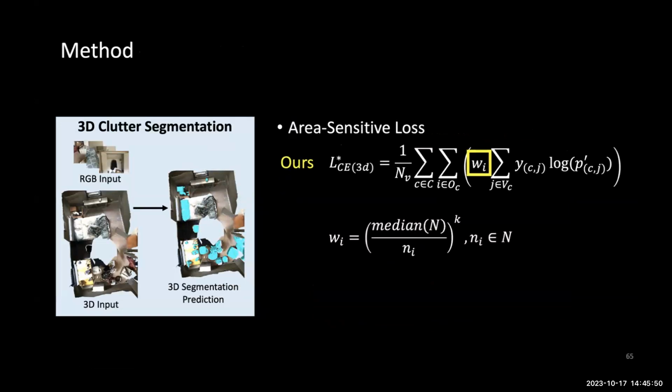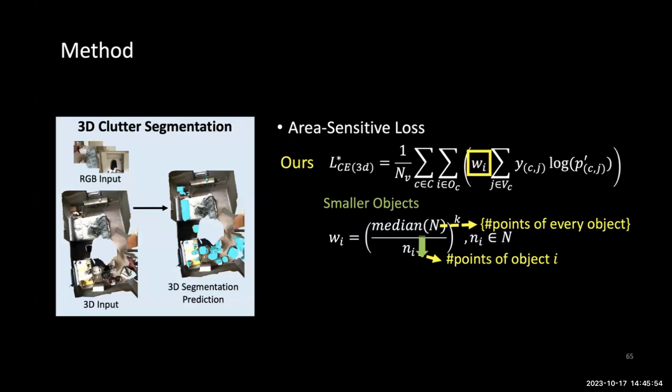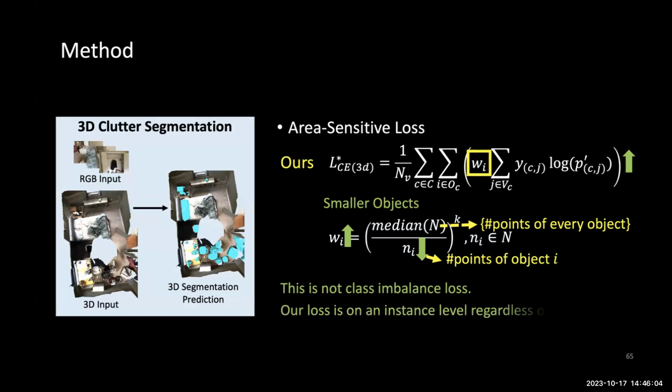Here, the denominator of the weight is the number of points of the object. Basically, the idea is if the object is quite small, then the number of points of the object is also smaller, meaning the denominator is smaller, Wi is bigger, and the loss signal is bigger. This is how we are going to better segment the smaller objects.